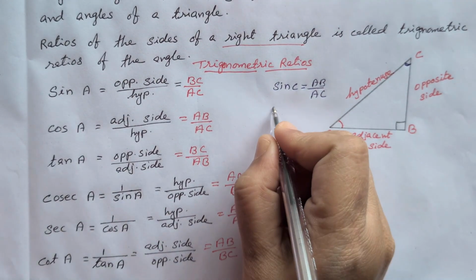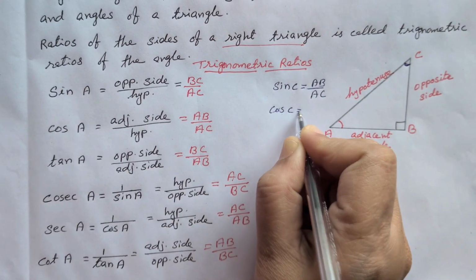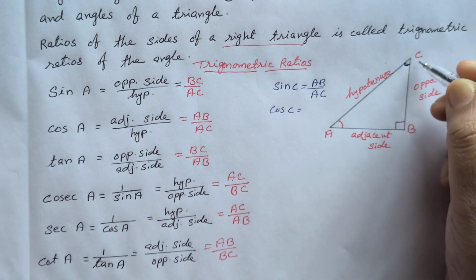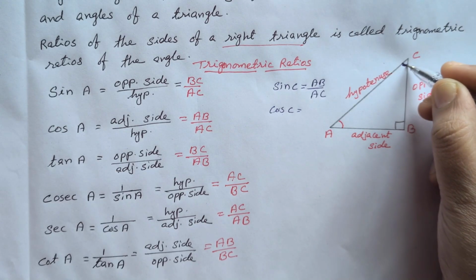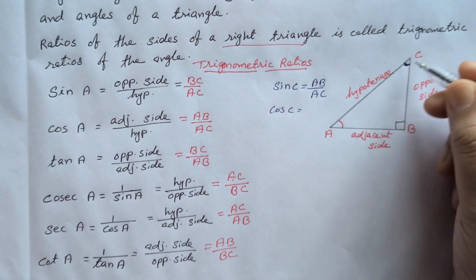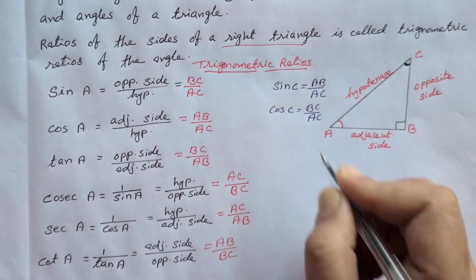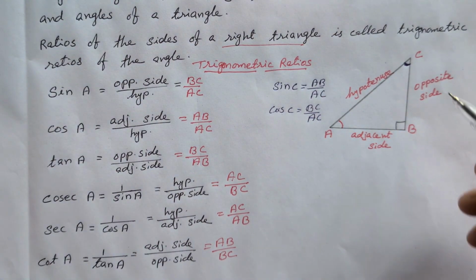Then cos C, according to angle C, the adjacent side is BC, so BC by AC. Like that we can write all the ratios based on angle C also.